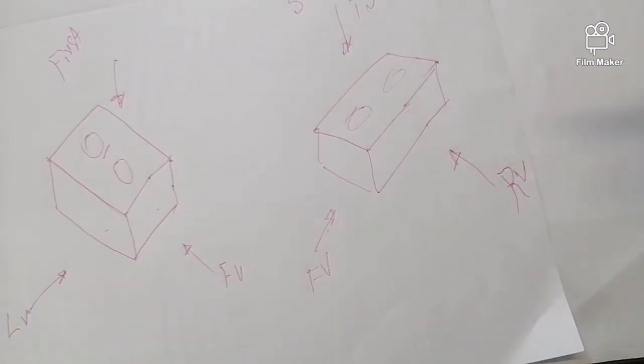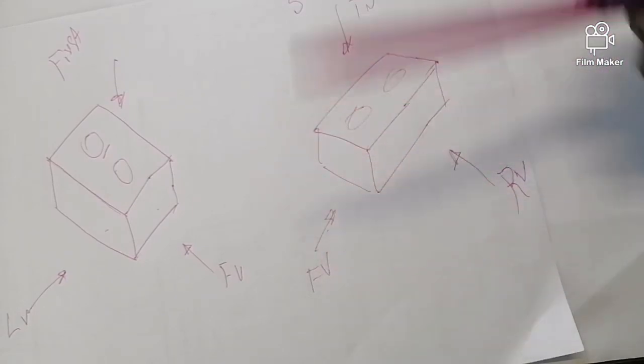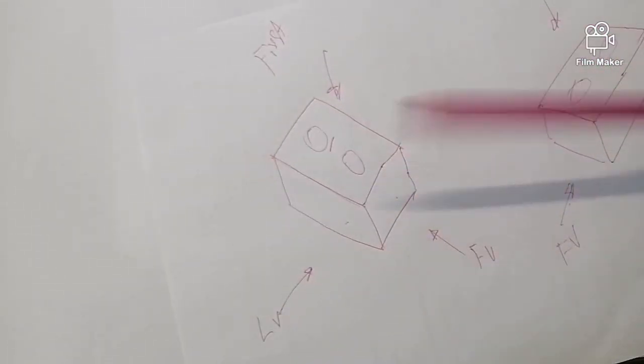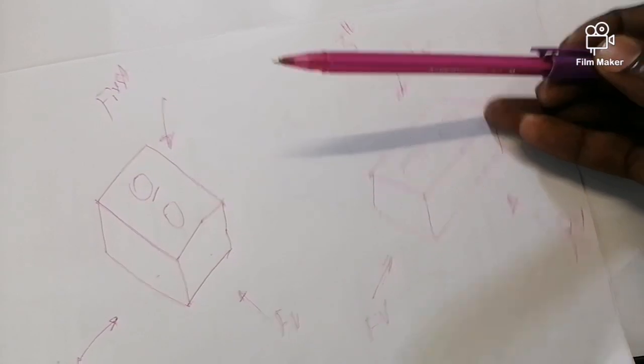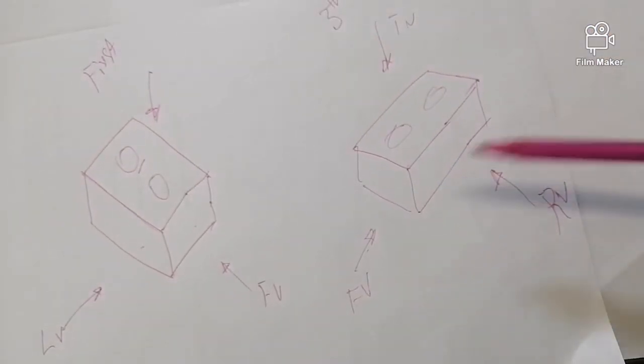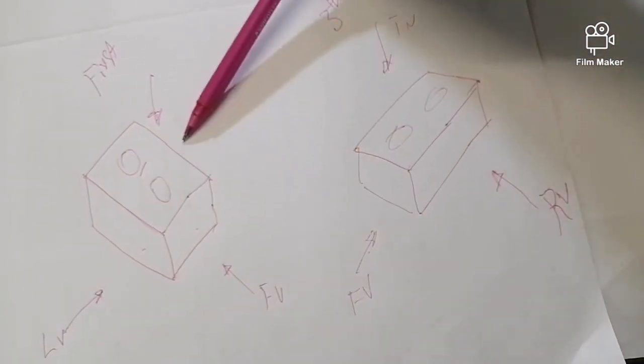If I can ask, where is your right view according to first angle orthographic projection? Where is your right view here? It's at the back there. That is why third angle orthographic projection was introduced to us, so that we see what is happening there.